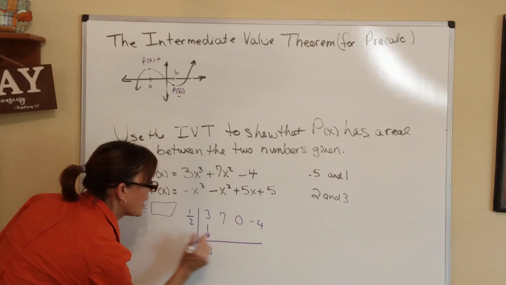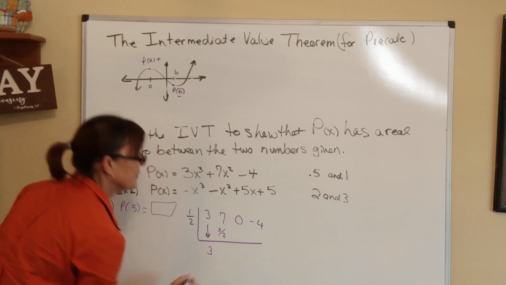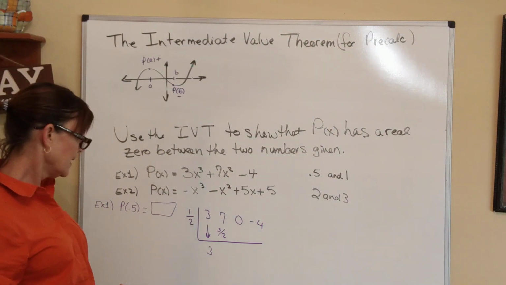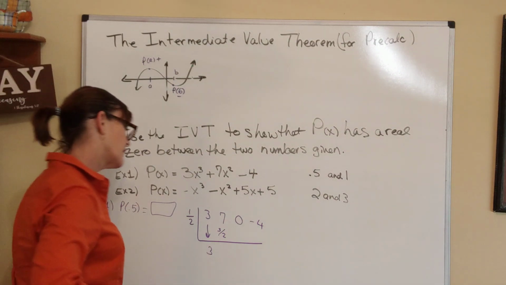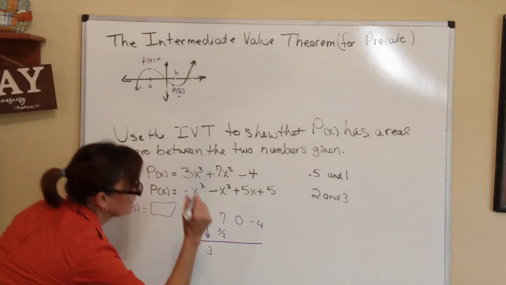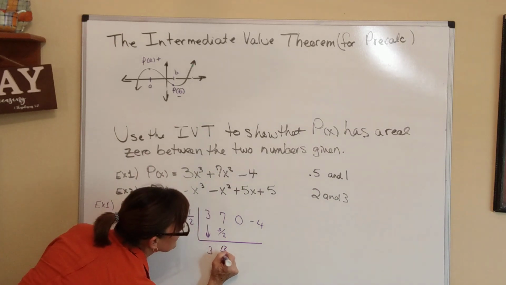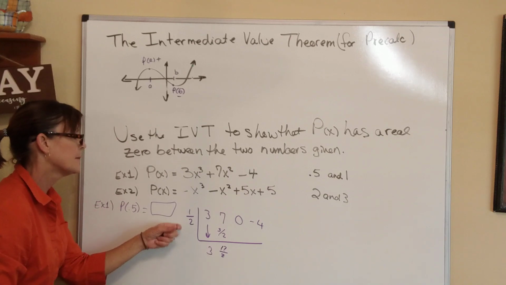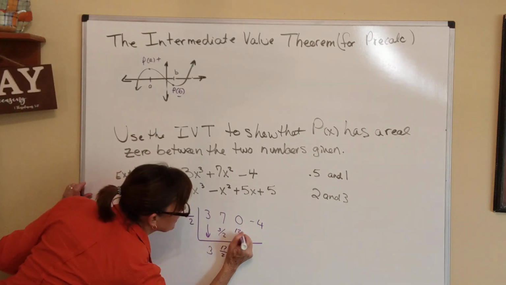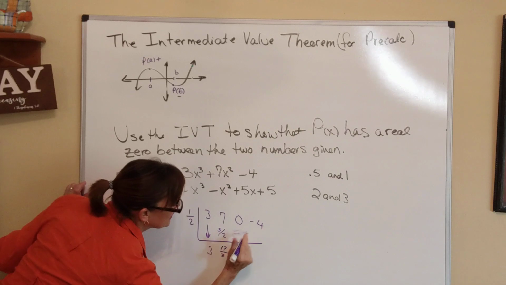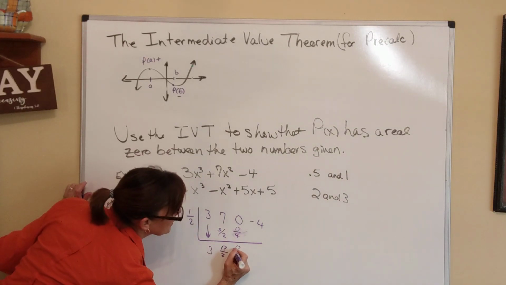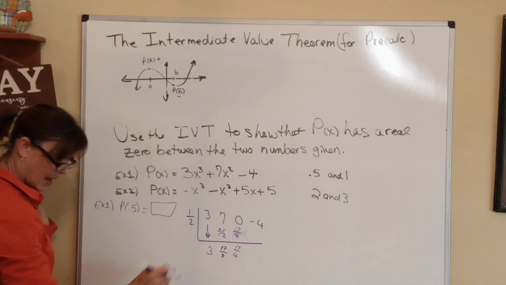Do synthetic division. Bring down your 3. 3 times 1/2 is 3 over 2. Oh, dang. I thought I was not going to have to fool with fractions. Darn it. Okay. This is going to be 17 over 2. So then I multiply. 17 times 1/2 is 17 over 4. And then I add, and I get 17 over 4. And then I multiply.